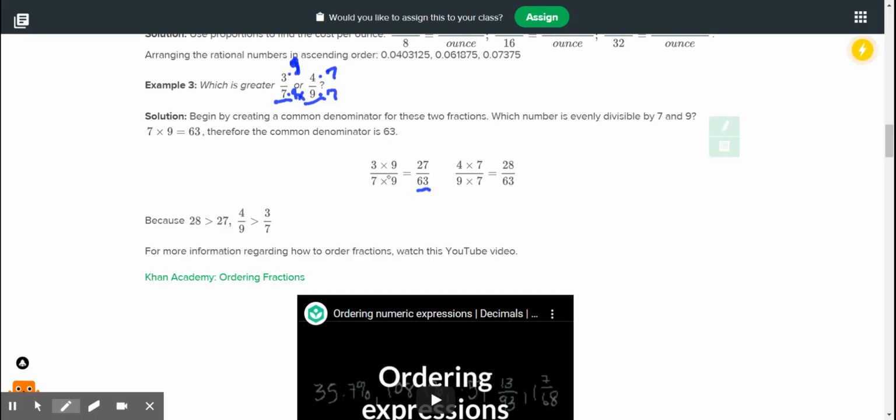So here I've got 3 times 9 is 27. When I figured out 4/9, I have 4 times 7 is 28. 9 times 7 is 63. So because 28 is greater than 27, 4/9 is bigger than 3/7.